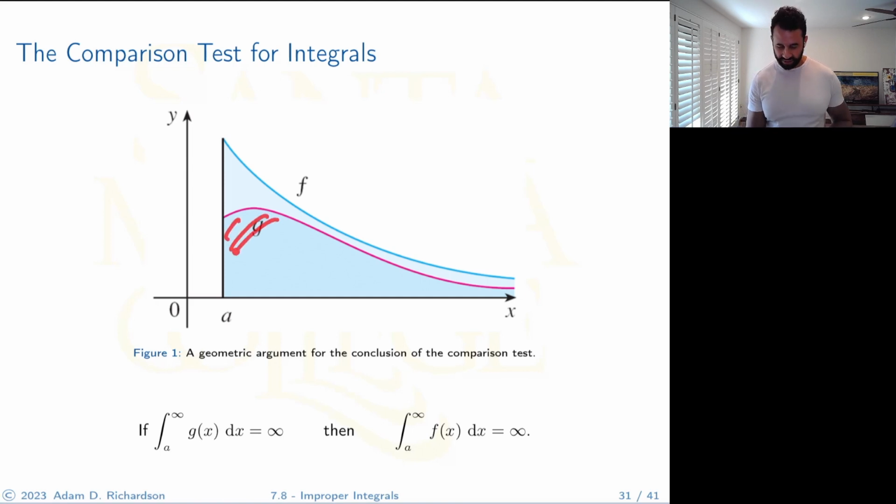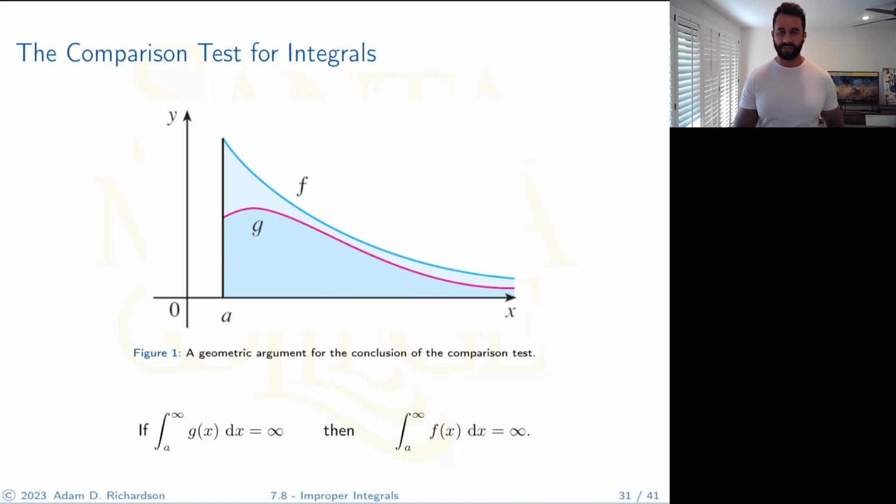If the area under g is infinite, then the area under f must also be infinite, because the area under g is already infinite and f is always above g. So the area under f is going to be infinite too. That's what this is saying. So if this area is infinite, then this area is infinite. Makes sense, right? It makes sense intuitively.